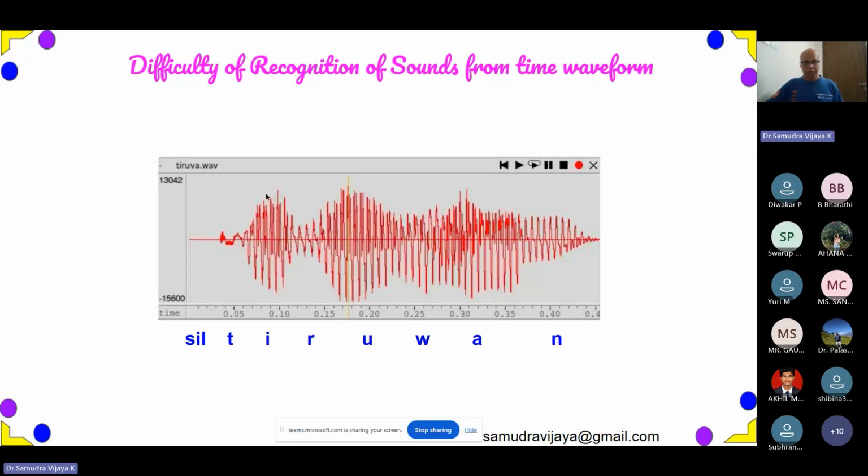You can guess. But if you look at the waveform, the waveform of vowel E doesn't appear different from the waveform of vowel O. Everything is periodic, with periodicity at the pitch frequency, which is around 100 hertz, 140 hertz in my case. So by looking at the waveform, you may not be able to easily distinguish between E and O.